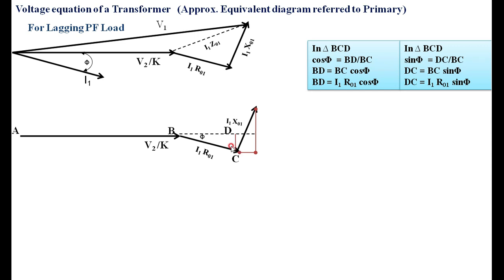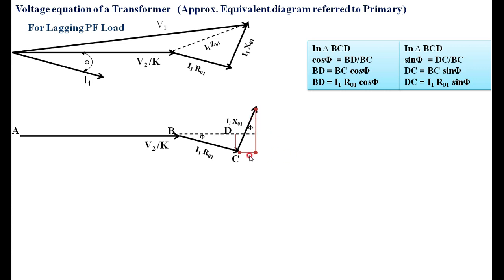Just look into the diagram. If you take this triangle, this angle is 90, this is 90 minus phi, and this is 90, so ultimately this angle is phi.